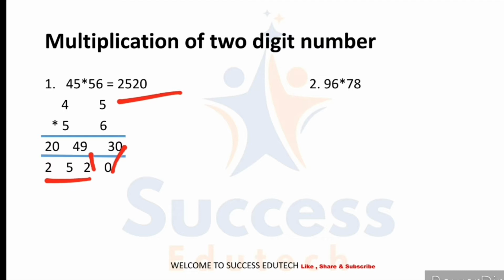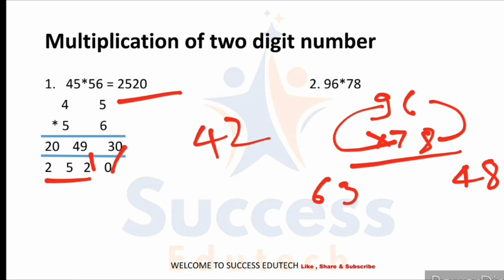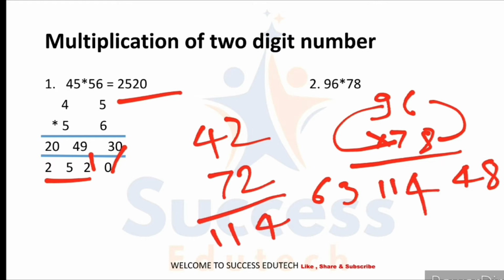Now solve this: 96 multiplied by 78. 8 6s are 48, 9 7s are 63, 7 6s are 42, 8 7s are 72. We get here 4, 11, so 114.